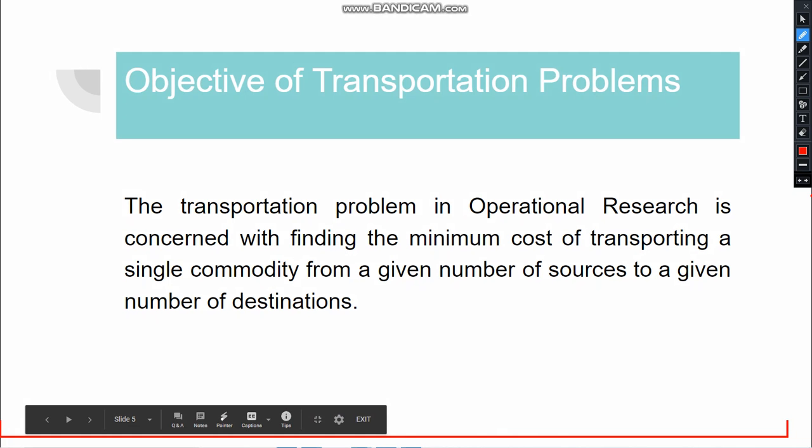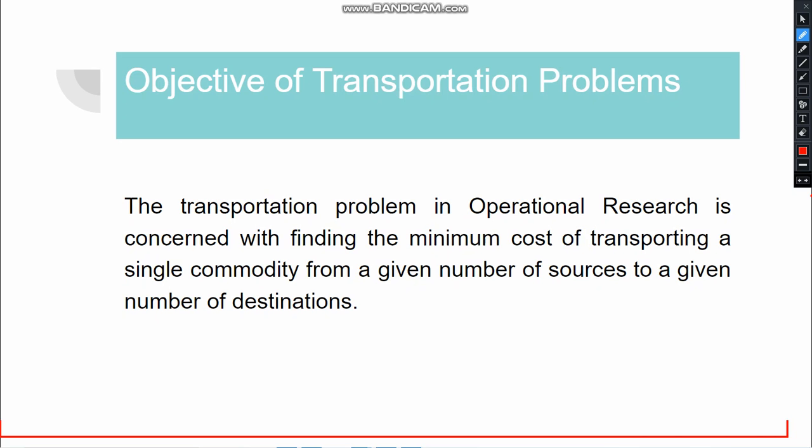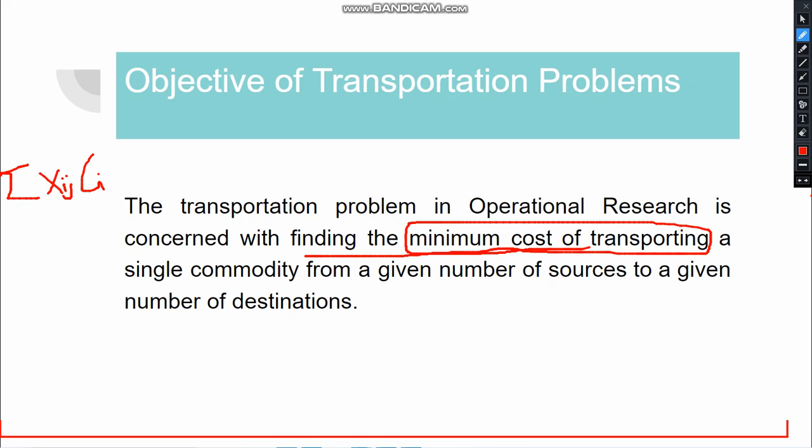So now we'll be discussing the objective of the transportation problem. So this is the thing. You have to find the minimum cost.